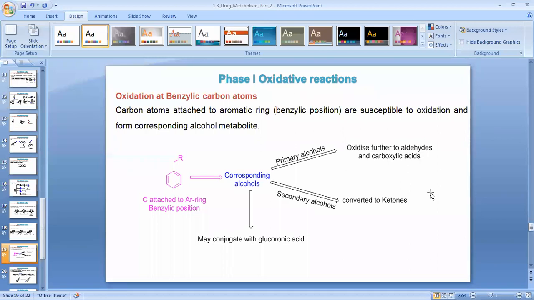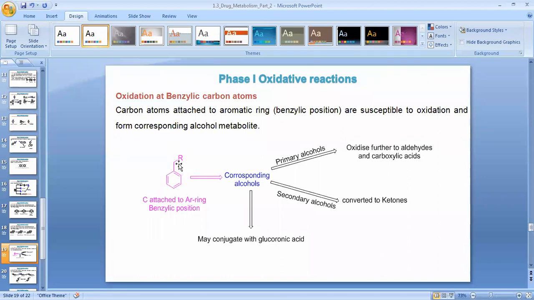Now, the second type of hydroxylation reaction is oxidation at the benzylic carbon. Carbon atoms attached to aromatic rings are susceptible to oxidation.